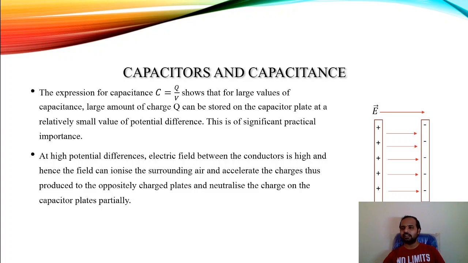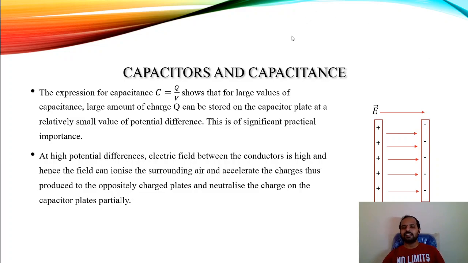The ions are nothing but charges, so they are surely going to be accelerated in the presence of an electric field. These accelerated ions move to the opposite plates, and what they do is neutralize the plates.